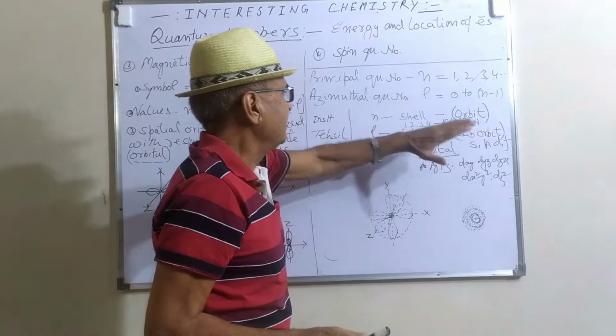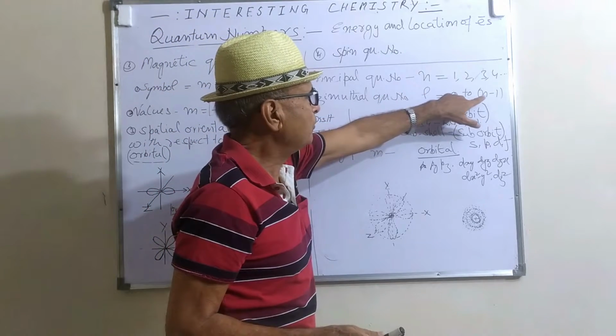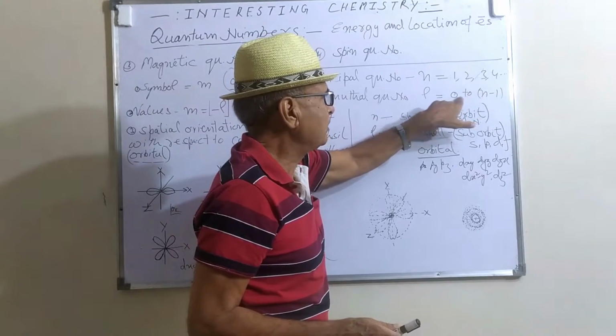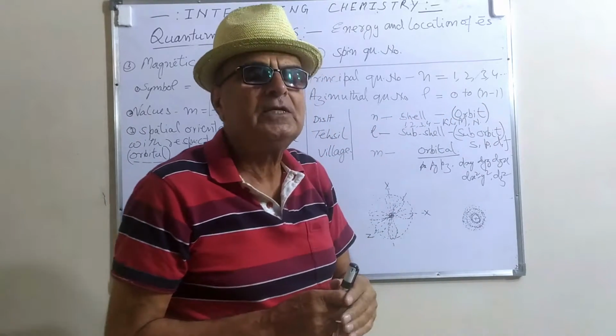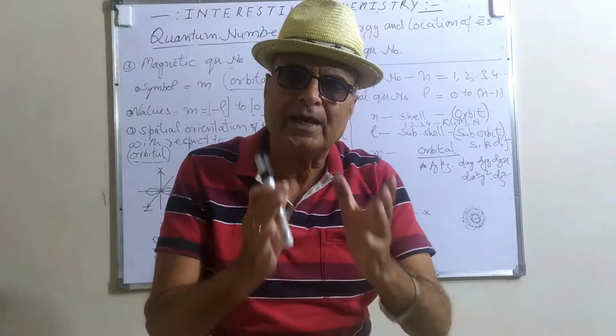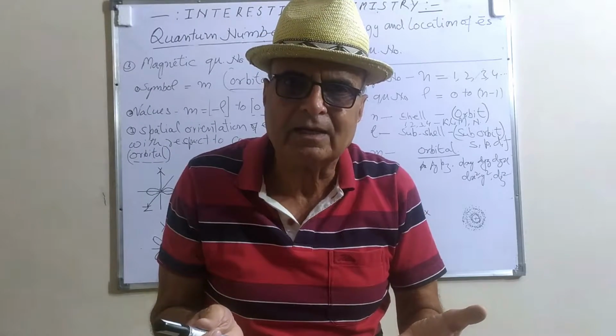If you put the value of n as 1, then 1 minus 1 is 0, so l is 0 to 0. It means the first shell, or first orbit, has only one subshell.